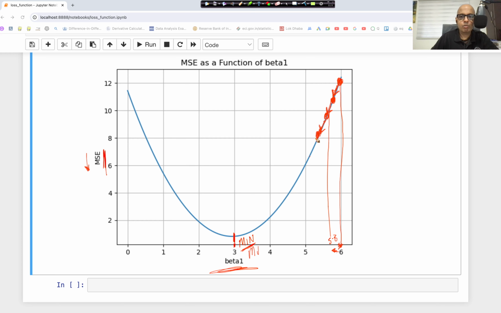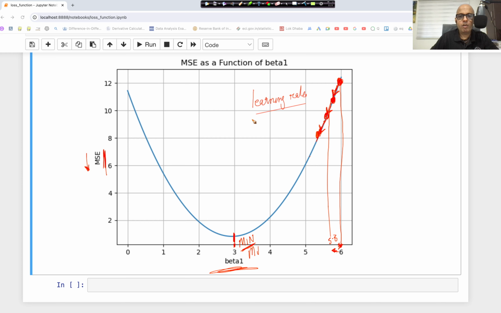If the updates are too large, then that may or may not be a good thing. For example, the jumps could go like this, and that could become a problem. So finding the optimal value to change the value of beta is also important, and how fast or slow you want to change the value is determined by something called the learning rate.